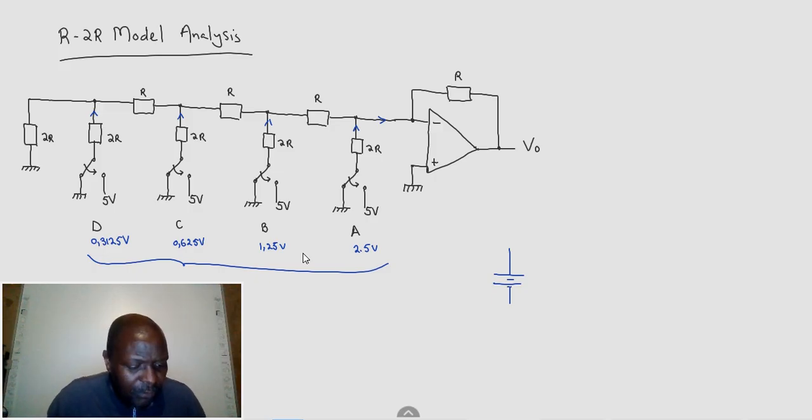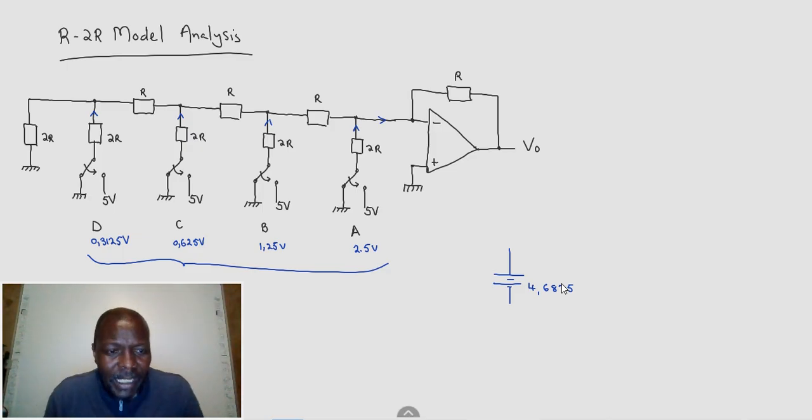Together, they give us 4.6875. Not exactly 5, but if your steps, if your voltages can be altered, it gets as close as possible to 5, if that's what you want.